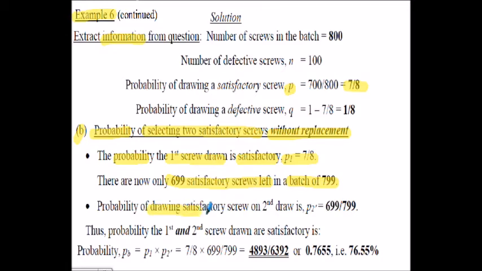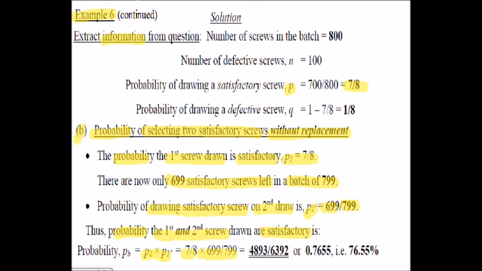So the probability of drawing a satisfactory screw on the second draw, P2 dash I've called that here, is 699, the number of satisfactory screws left in the batch, over 799, the batch size. So the probability that the first and the second screw drawn are satisfactory, using the multiplication law of probability, will be P1 times P2 dash, so it's 7 upon 8 multiplied by 699 divided by 799.